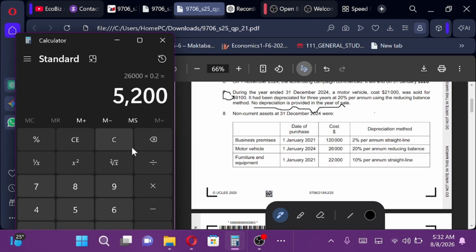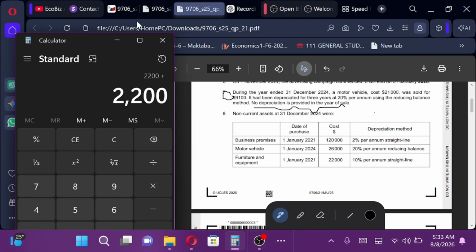Hopefully you're saving these amounts, because we're going to have to sum them at the end to find the total depreciation of non-current assets. After that, to find the furniture and equipment, we take 22,000 multiplied by 10%. We get 2,200.